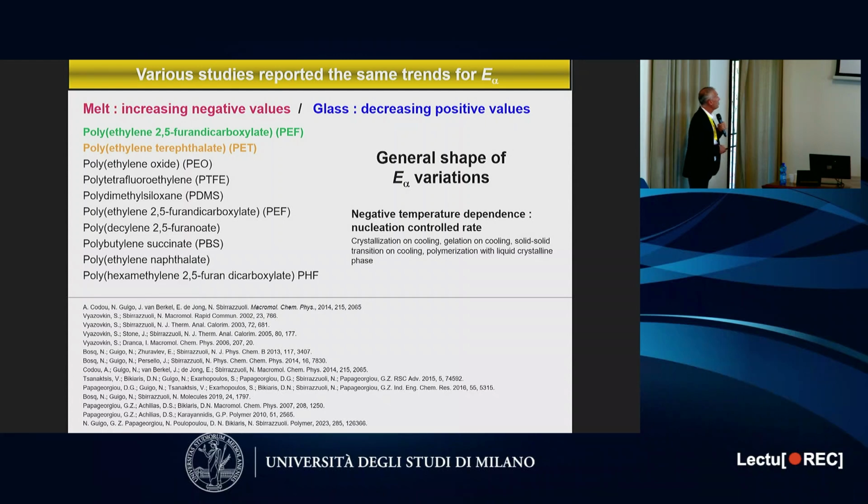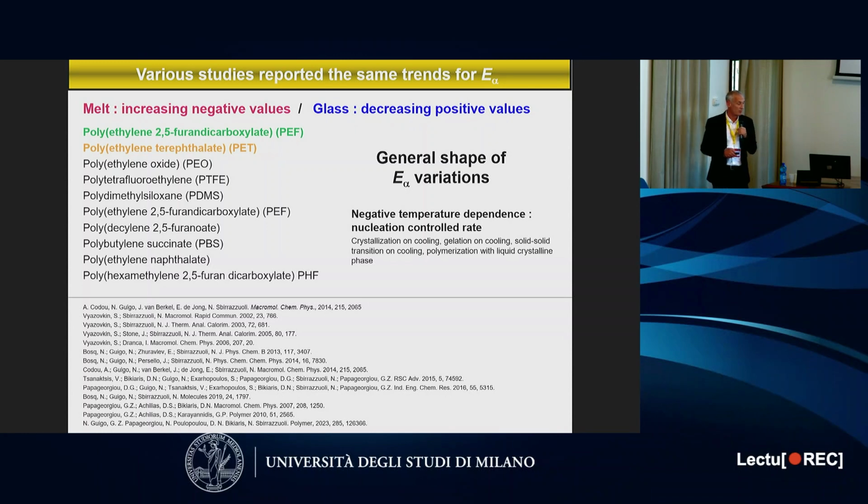Then why do I believe that this value has a physical meaning? Because we observe a general shape of this variation. So you can see here that for many different polymers, different teams in the world have obtained exactly the same general variation of activation energy. I mean, for the melt, increasing negative value, and for the glass, decreasing positive value.